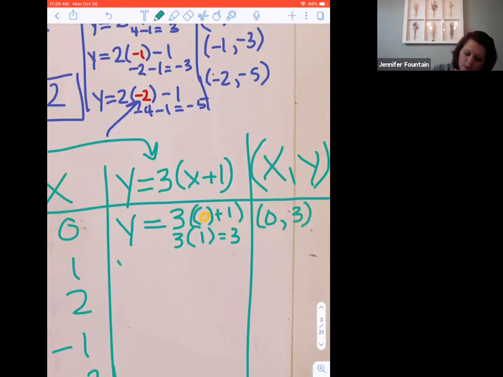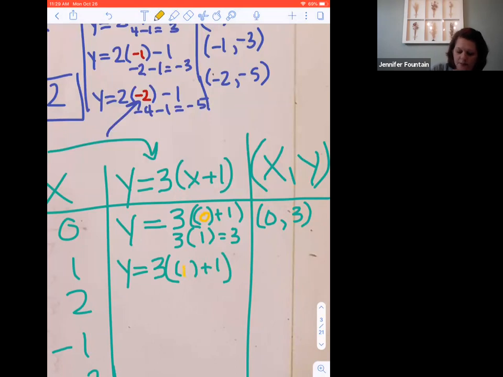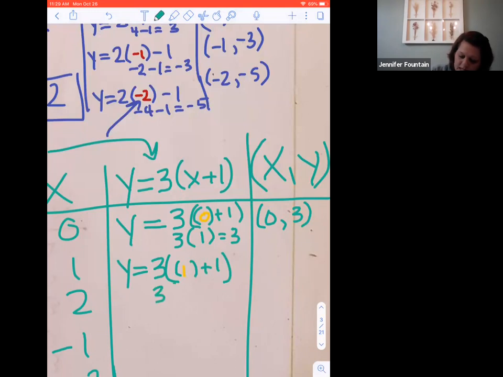I'm going to do the same thing with 1. y equals 3 times, parentheses to put in my value of x, plus 1. My value of x is going to be 1. So now I have 3 times (1 plus 1), which is 2. So 3 times 2 is 6. So if x is 1, y is 6.